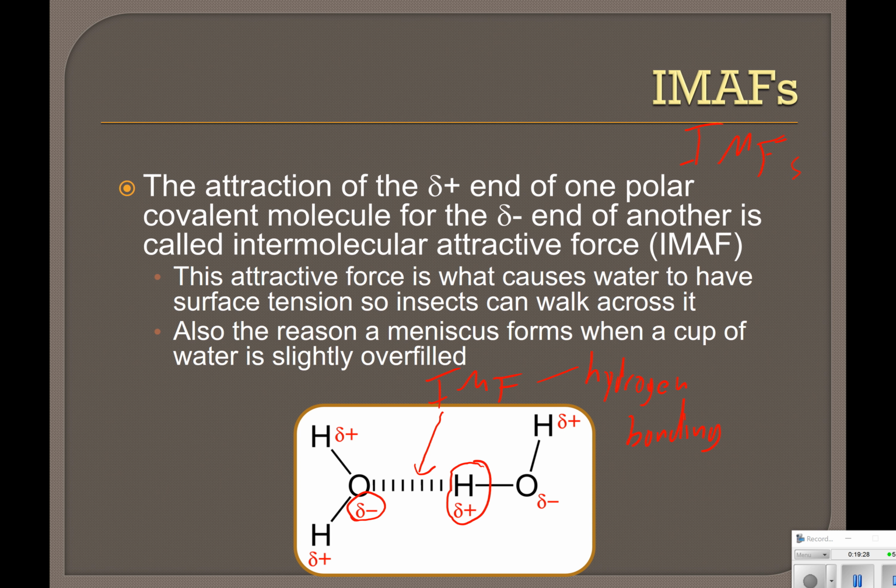That's why the meniscus forms inside of a graduated cylinder, because we have this attractive force between the water and the edges of the glass container, which causes it to creep up or walk up the sides because of that attractive force.